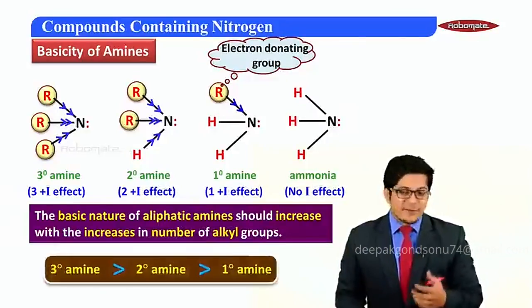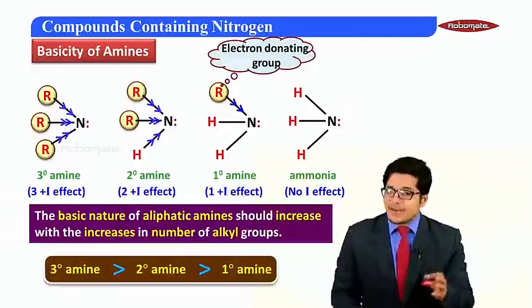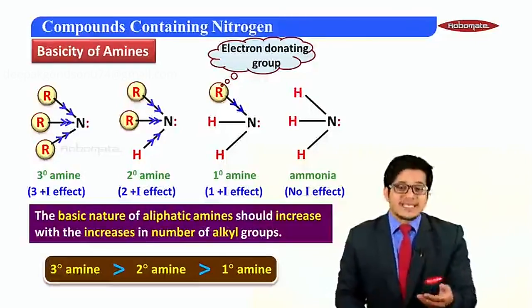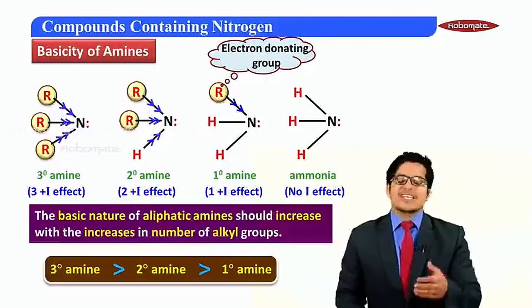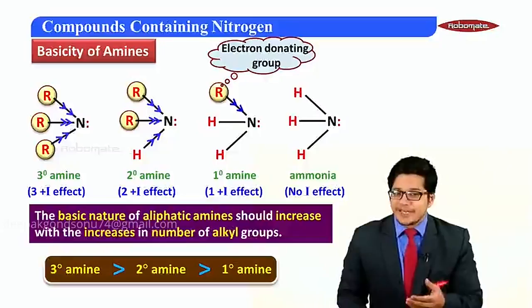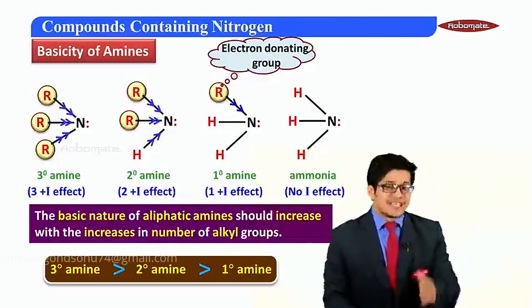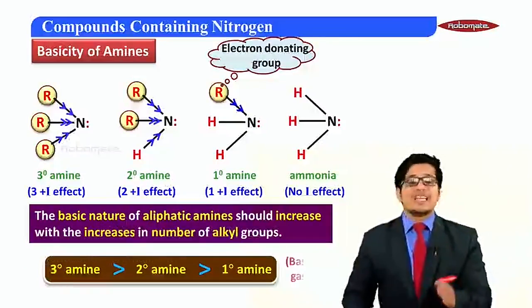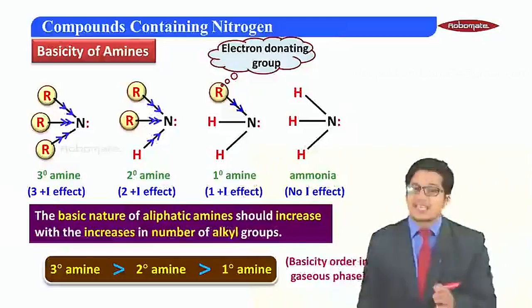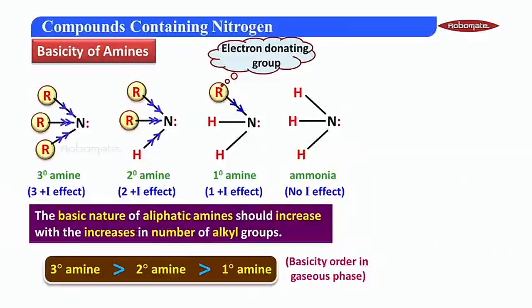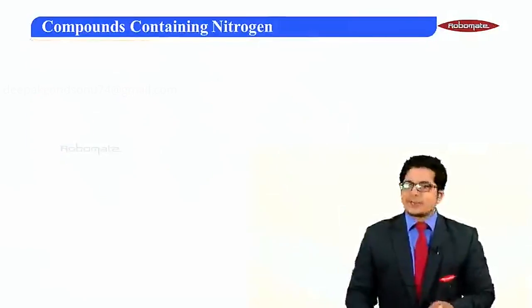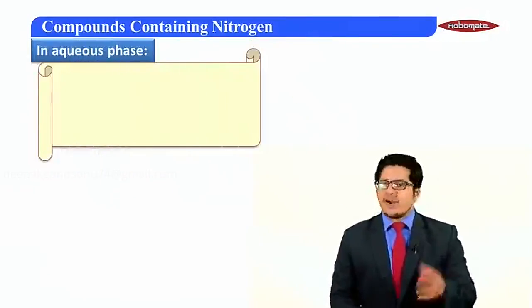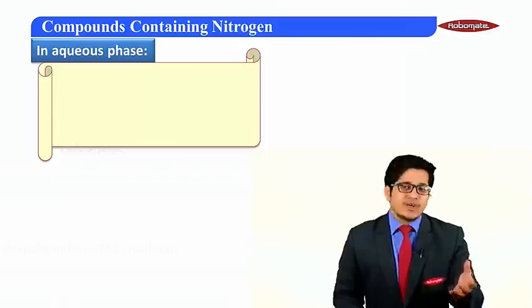Therefore we can say a tertiary amine is more basic than secondary, and secondary is more basic than primary. But remember students, this is true only in the gaseous state, or the gaseous phase. It is not true elsewhere. So let's move further and discuss what happens if we have an aqueous solution.